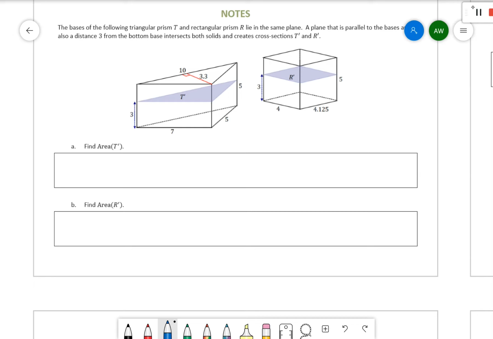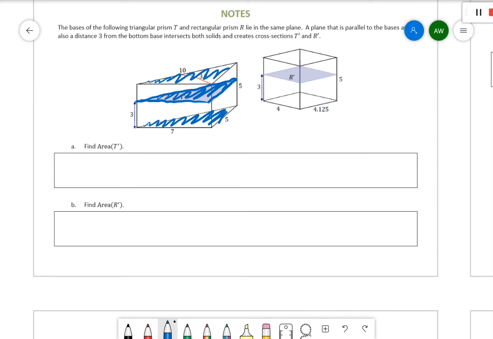So T prime is this shape right here, right? It's a cross section of our prism. And since this plane is parallel to both of the bases, we know that this cross section has the same area as the base on the bottom or as the base on the top.